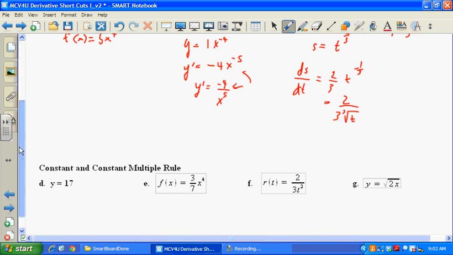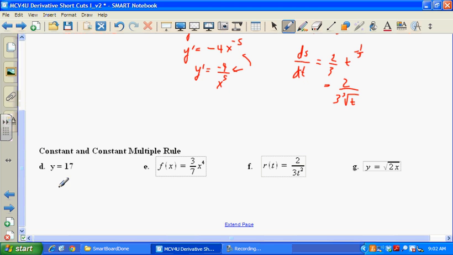All right. Next, constant and constant multiple rule. What does this mean? Well, that was another one of the rules we saw in our investigation, and essentially when it's a constant and we've taken the derivative of a constant, well, it's 0, isn't it? Makes sense. What's the slope of a constant line? Well, it's 0.